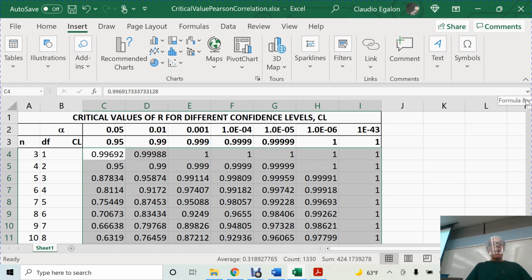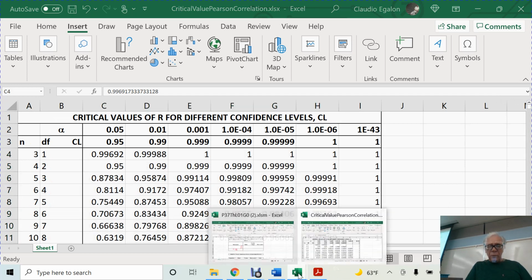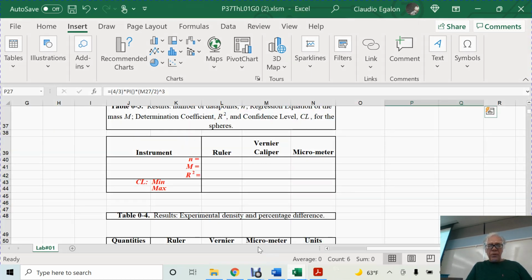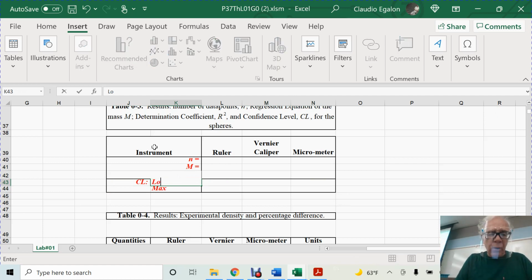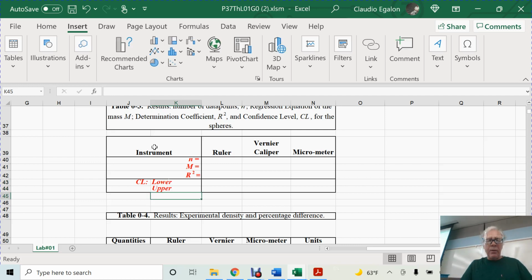What I want you to do in this second table is to find out what the CL is. And notice that I have minimum and maximum values for the CL. Actually, a better way to write it down would be lower and upper bounds, lower bound of CL, upper bound of CL.